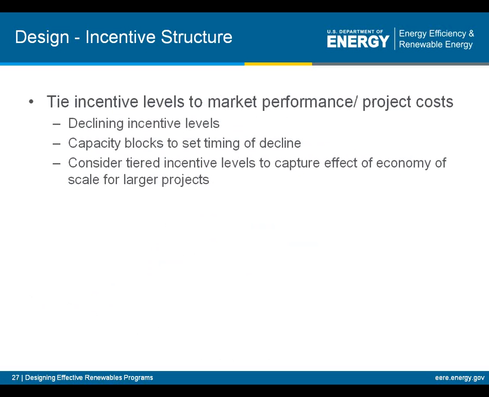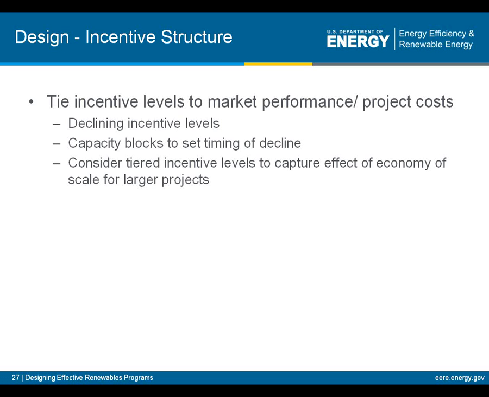It can be really effective to actually think about designing your incentive levels in a way that helps you tie a decline in incentive levels to market performance. And again, declining incentive levels over time as project costs go down is the right thing to do. We're wanting to provide just enough extra funding to encourage your customers to undertake these projects.